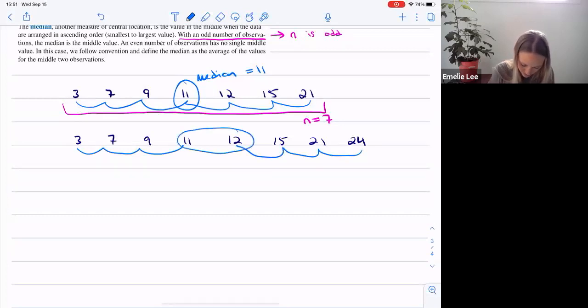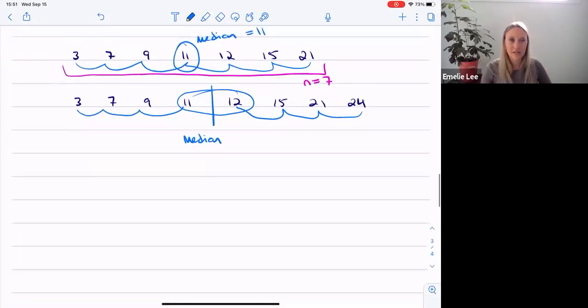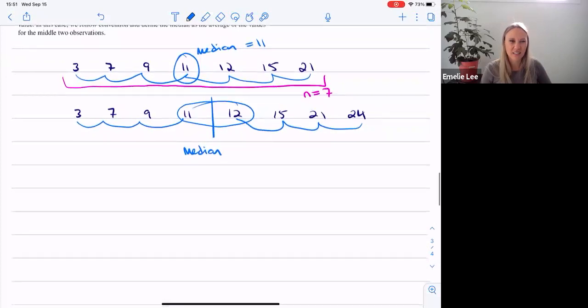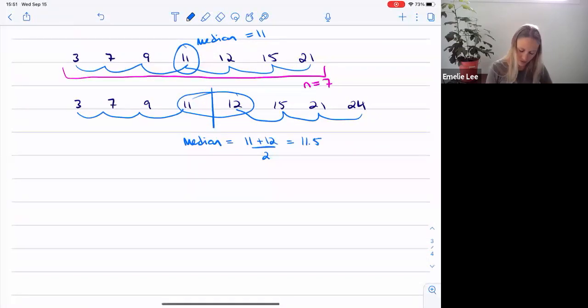So I landed on both of these at the same time, right? So I take the average here. And that's weird, right? To find the median, we take the mean. It's true though. So the median is 11 plus 12 divided by 2, which is 11.5.